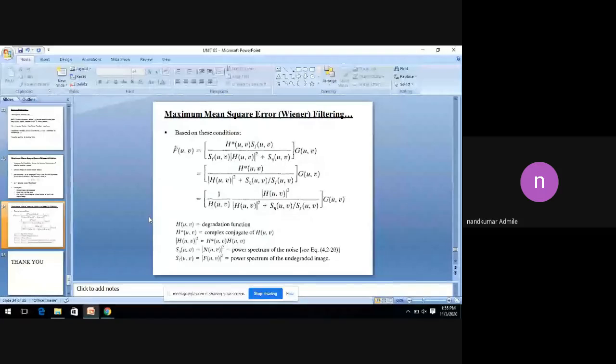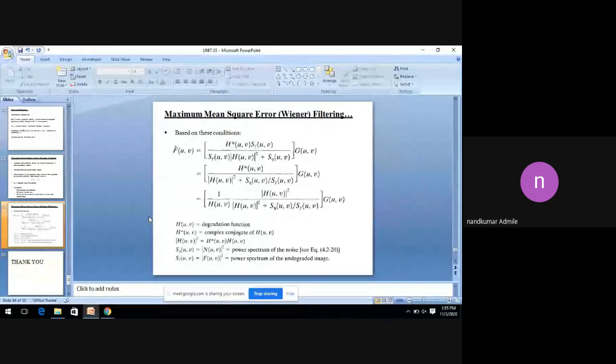In noise models, we can study the different types of noise models, their mathematical representation and plot function. And in the filtering element, we can study the two types of filter. One is the inverse filter and another is the Wiener filter.